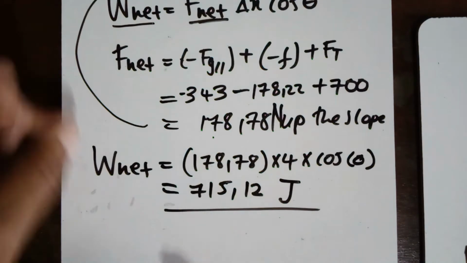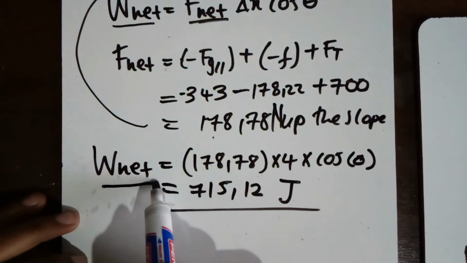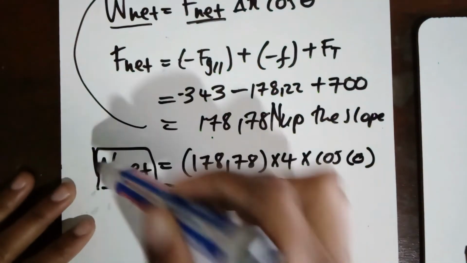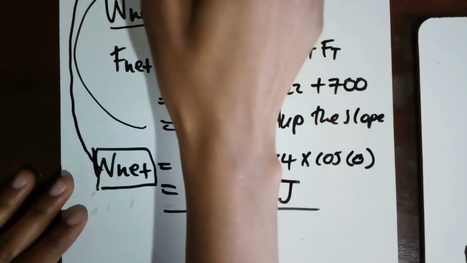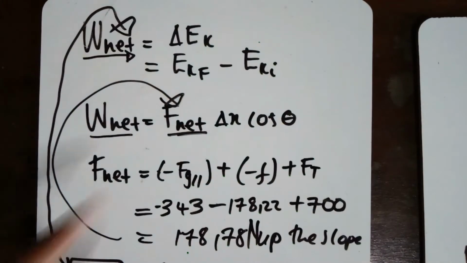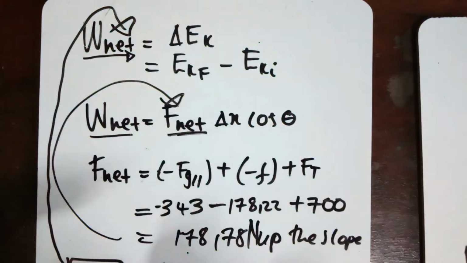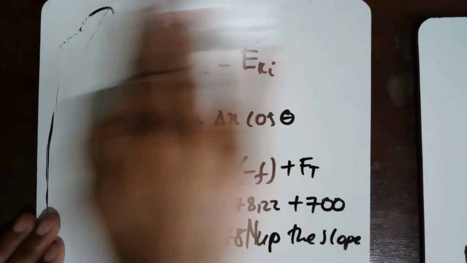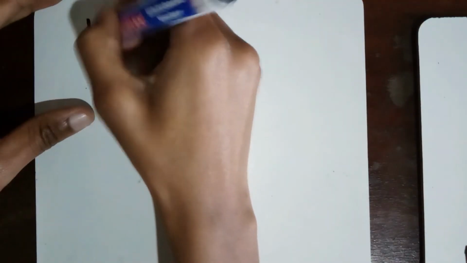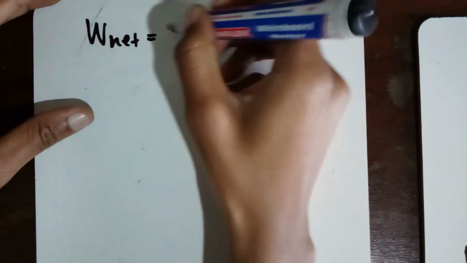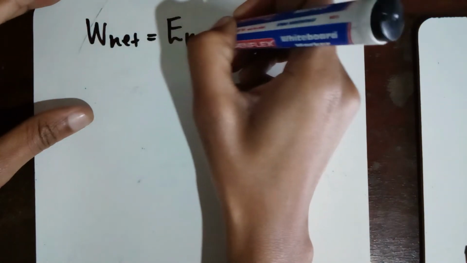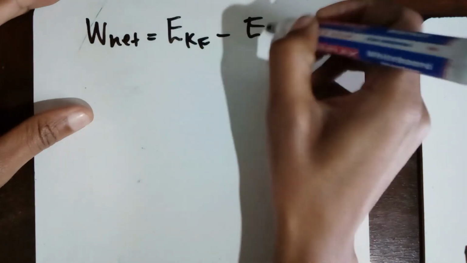So now we are not done. We were looking for W net. We have found it, and now we can substitute it back here so that we can find that speed that we were asked to find. So let's just do that very quickly. I don't want this video to be long. So we have that W net is equal to EK final minus EK initial.